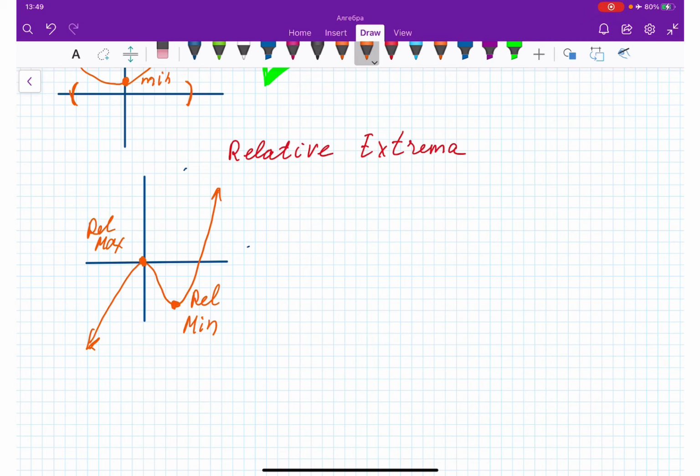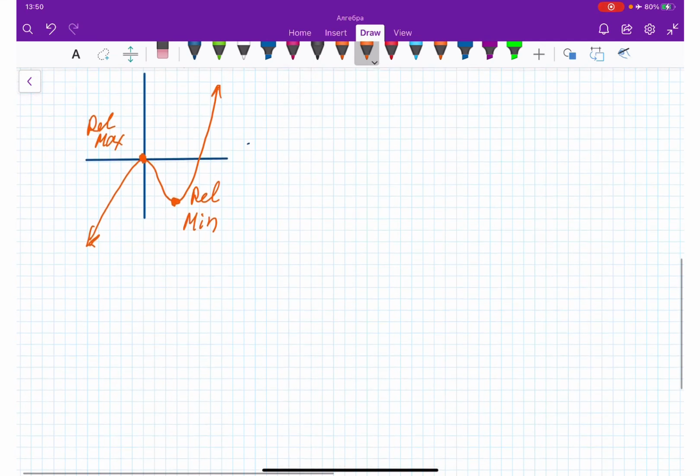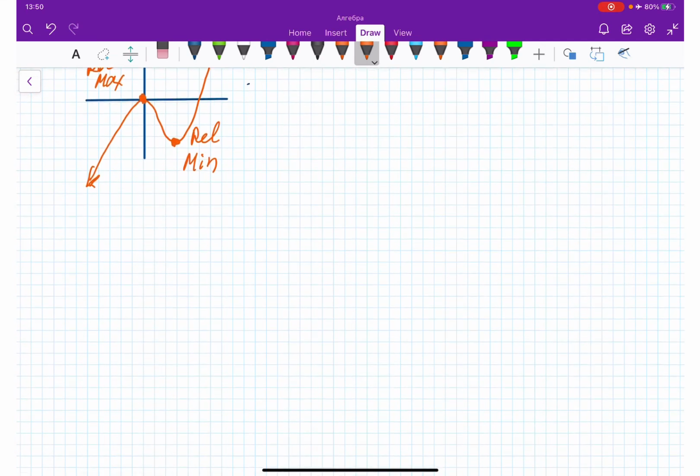Yes, we can, and I'm going to bring an example. The reason we cannot have absolute maximum and minimum on a function that's running to infinity is that we don't know the behavior of the graph at infinity. All right. Now, let's say I have such a graph.